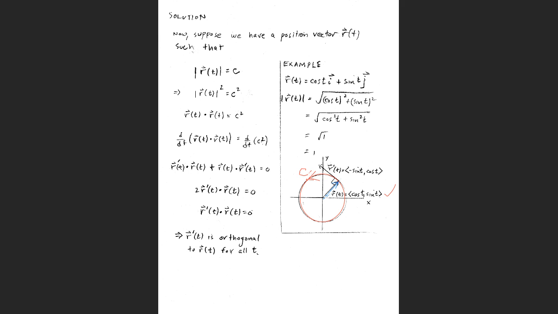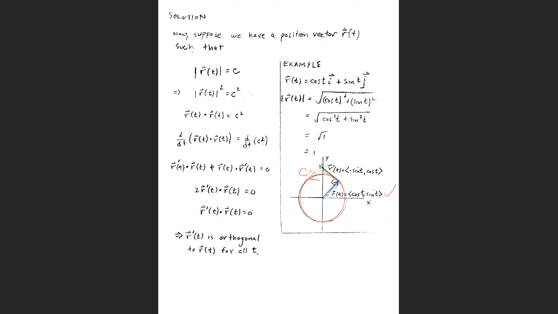And on the other hand, here is the derivative vector for the space curve. Maybe I'll try putting it in green.